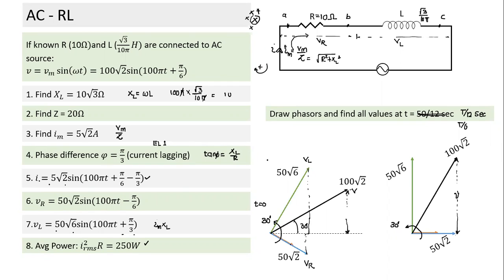Typically, what we need to find is the instantaneous values of voltage. Even this much detail normally doesn't come. But if you understand, it helps your conceptual clarity. The questions which come are much simpler, but this is the next level of understanding. And to understand how the current direction and all will be, that becomes a choice of sign convention.